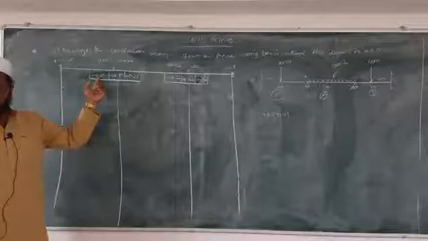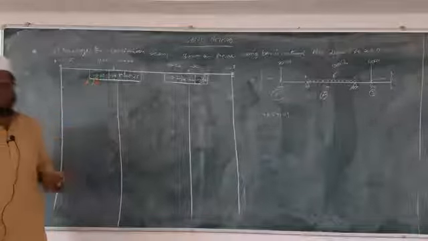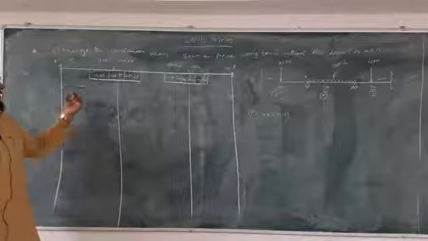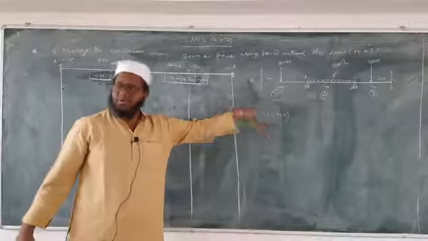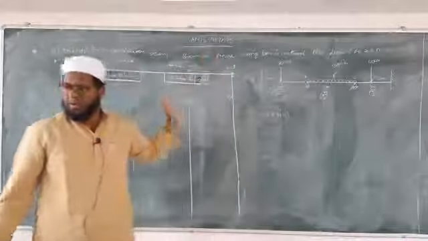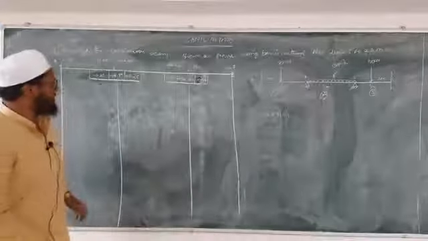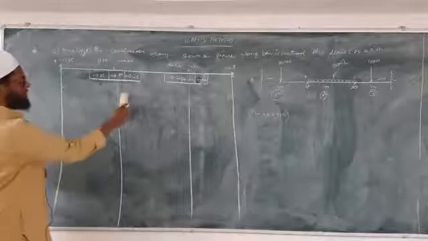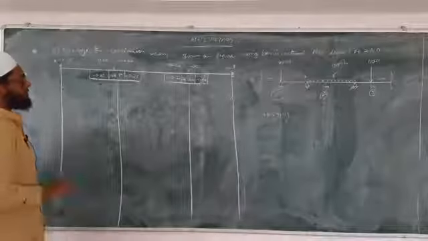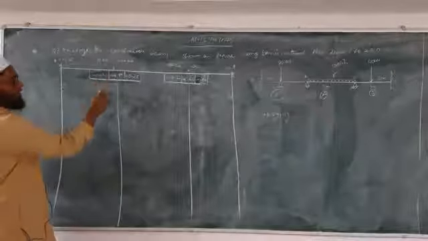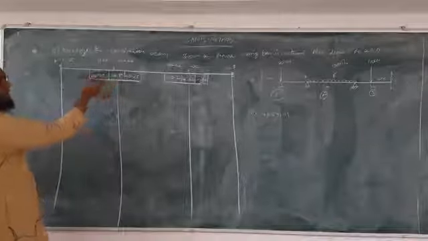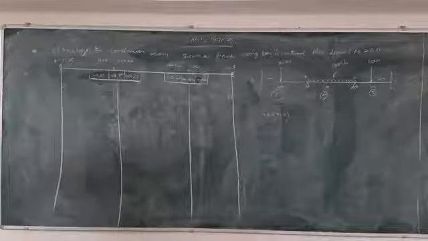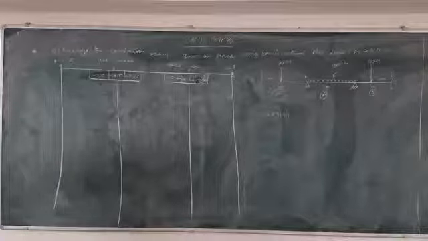Same as what we used to do in moment distribution method. Do this one. This is minus 48.89 into minus 0.25. You will get the value in positive sign. What is this value? 9.1. How are you multiplying this? 12.22.